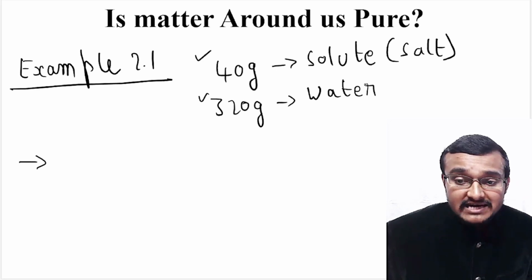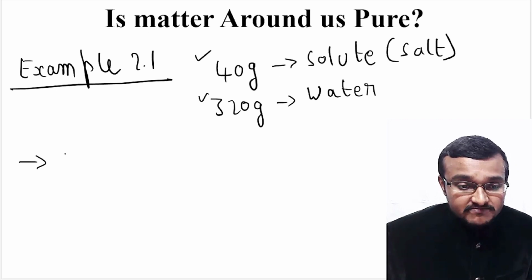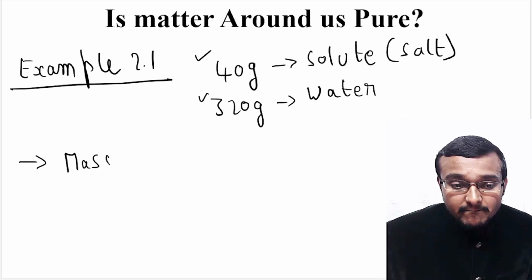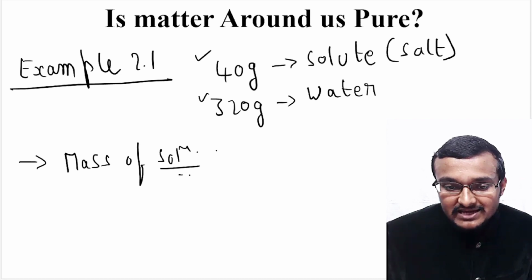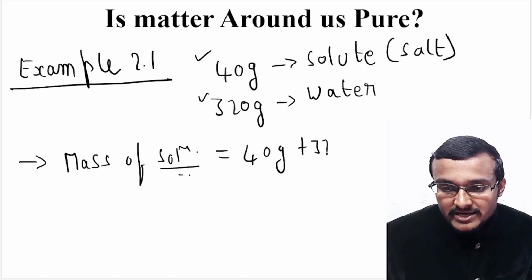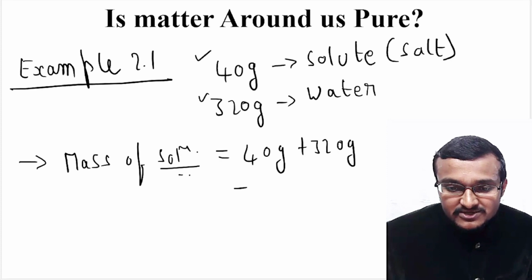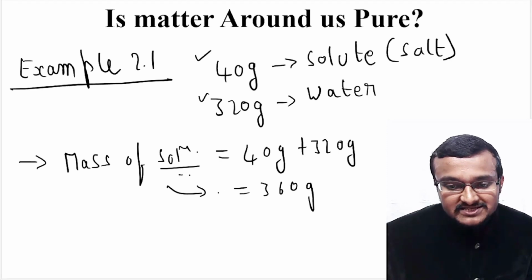That means they have given mass of solvent and mass of solute, but not mass of solution. Hence, mass of solution will be equal to mass of solute plus mass of solvent, that is 40 gram plus 320 gram. So what is 40 plus 320? That will be 360 gram. So the mass of solution is 360 gram.